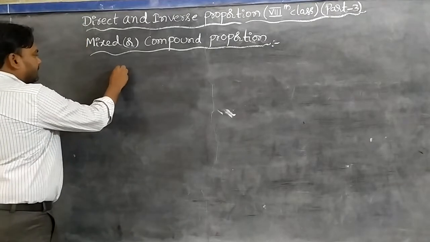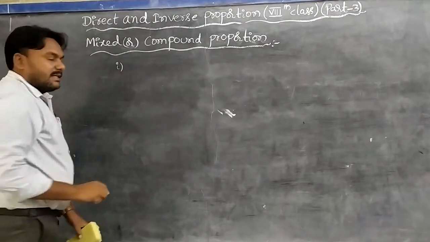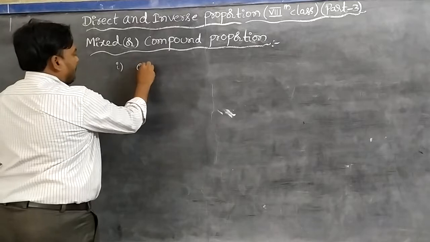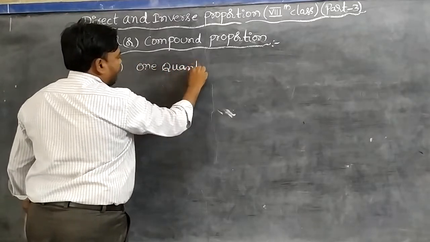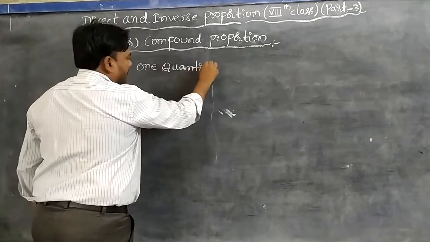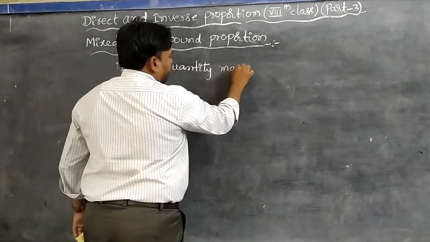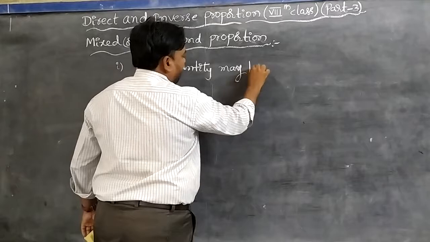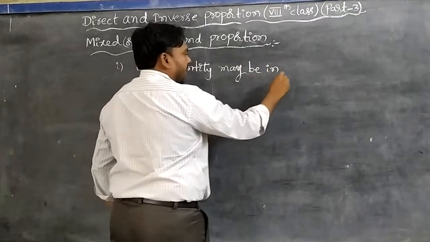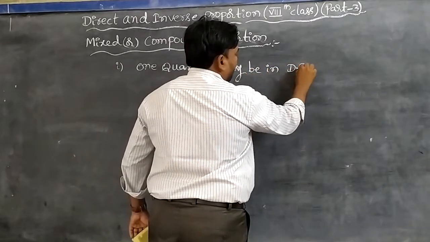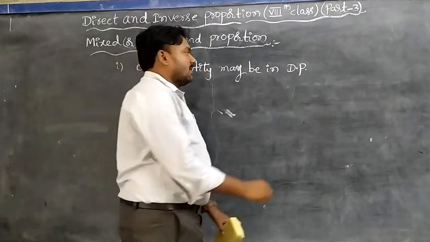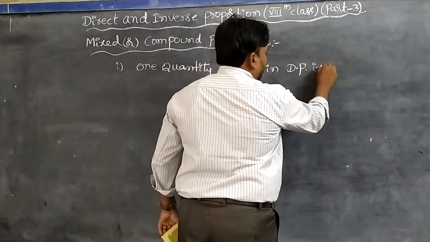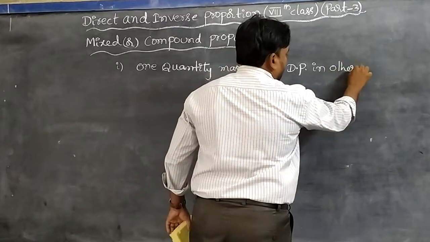So remember. First, one quantity may be in direct proportion to the other two quantities.